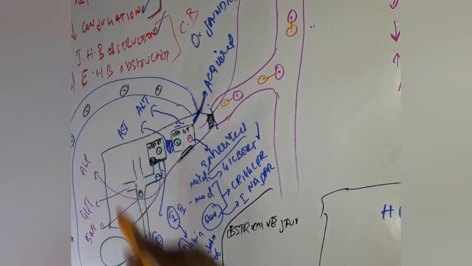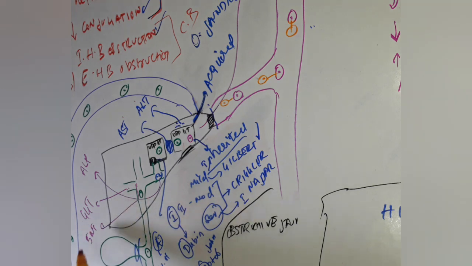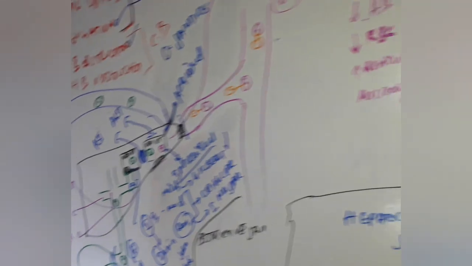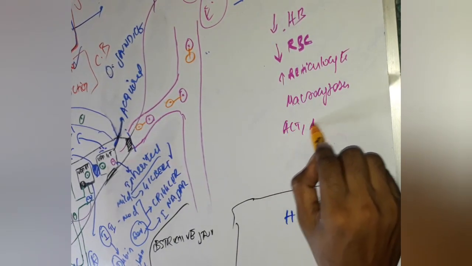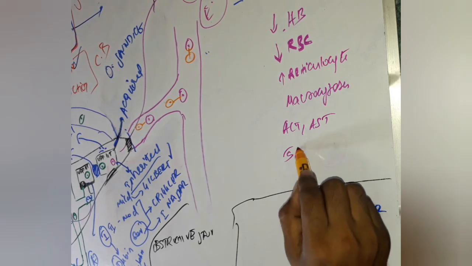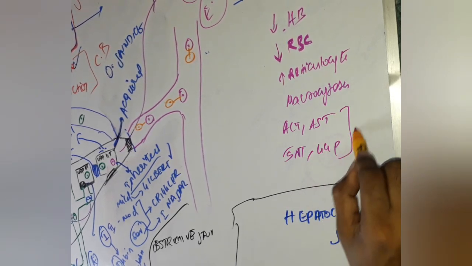And now it will be very easy for you to answer. Will my AST, ALT, alkaline phosphatase, gamma glutamyl transpeptidase, 5-nucleotidase get increased? No. All these enzymes are normal. Your ALT, your AST, your 5-nucleotidase and your gamma glutamyl transpeptidase, all these are normal.